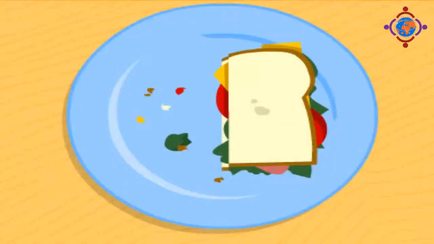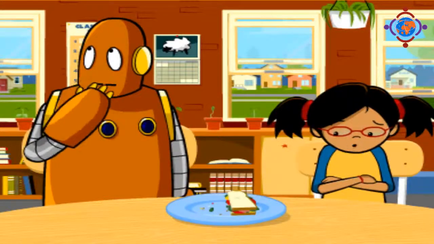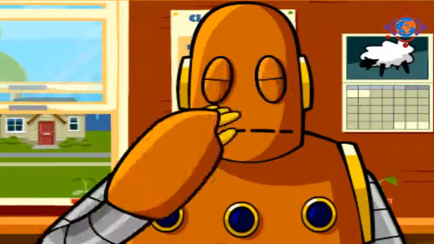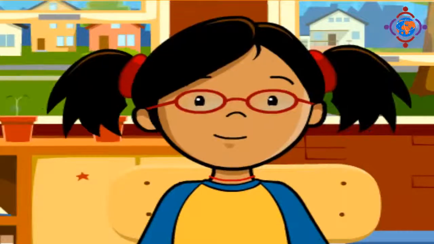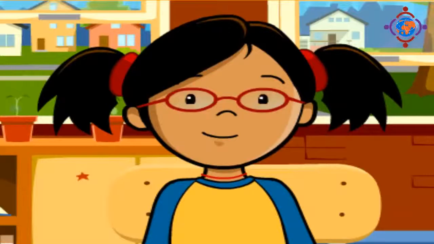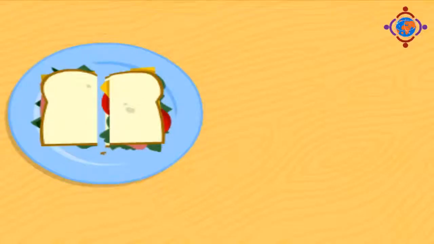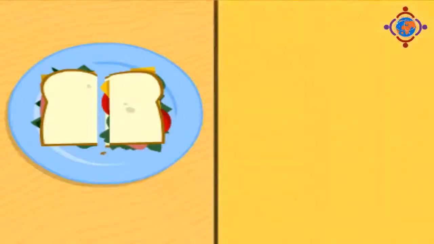Hey, who ate part of my sandwich? There's only half left. What are fractions? A fraction is a number that shows part of a whole. My sandwich had 2 equal parts.